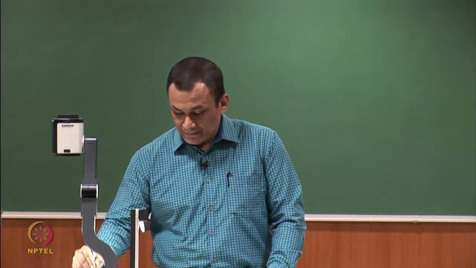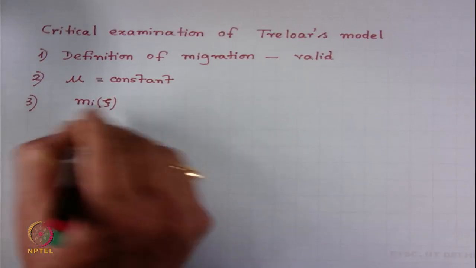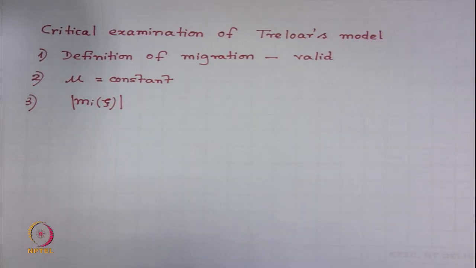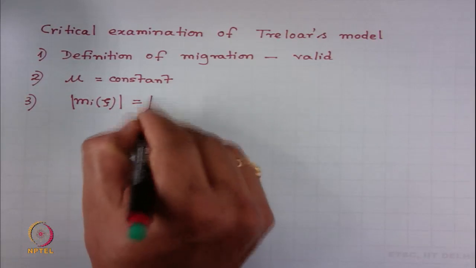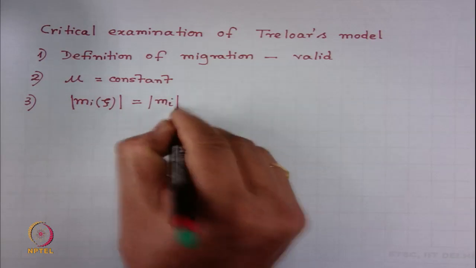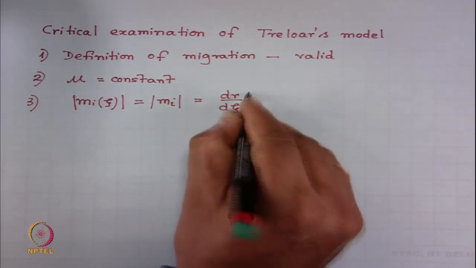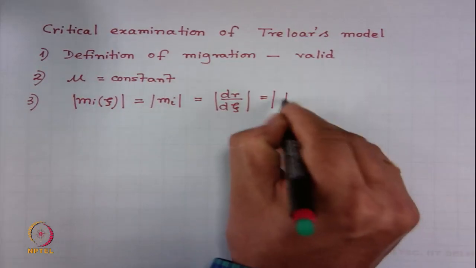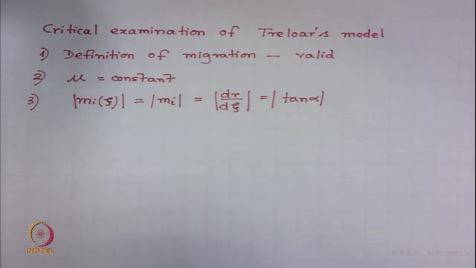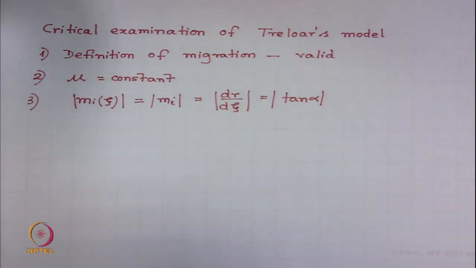The third assumption was that the absolute value of this is the same for all fibers present at radius r.